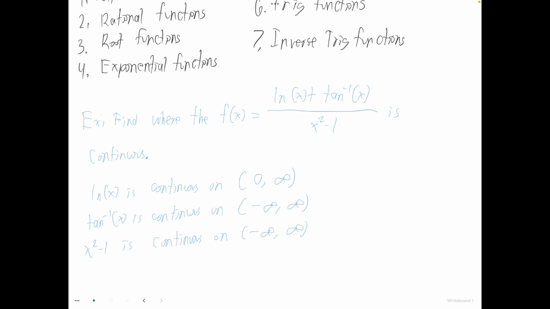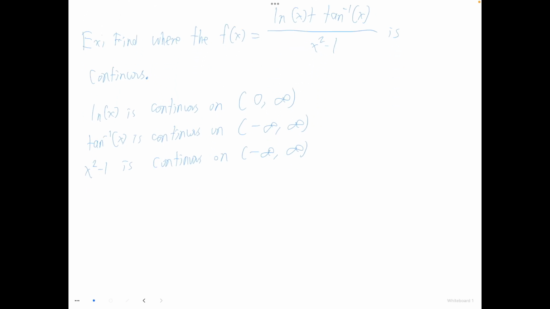And so taking these pieces, we can put them together using our fact about adding functions to figure out where we're continuous. And so ln of x plus tangent inverse of x is continuous on everything from 0 to infinity, and also from negative infinity to infinity.